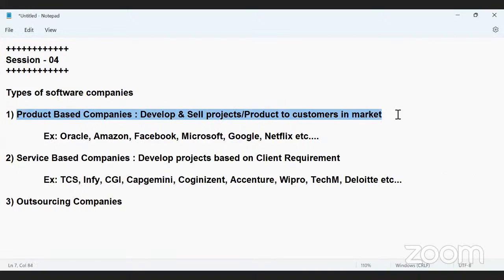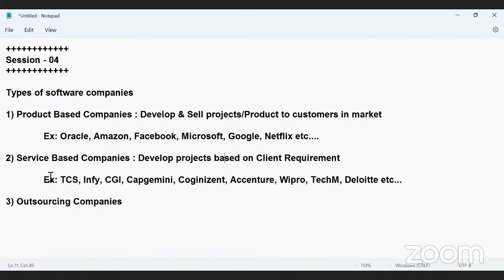Product-based companies will develop the product based on their ideas, and they will sell the product to the customers in the market. For example, Microsoft developed the Windows operating system. MS Office is one software, and Windows operating system is one software. They are selling MS Office and they are selling the Windows operating system.